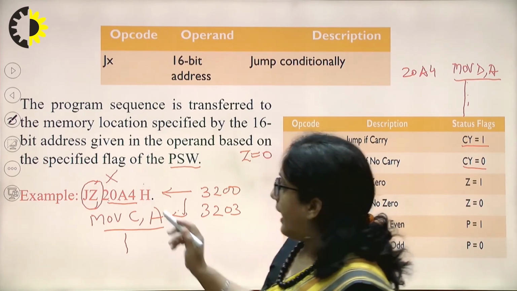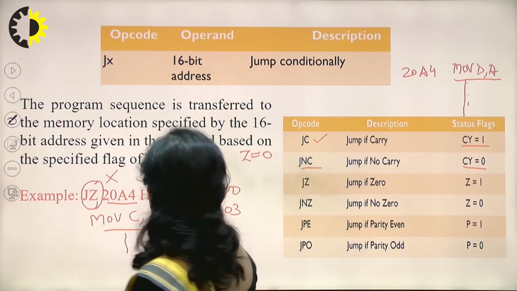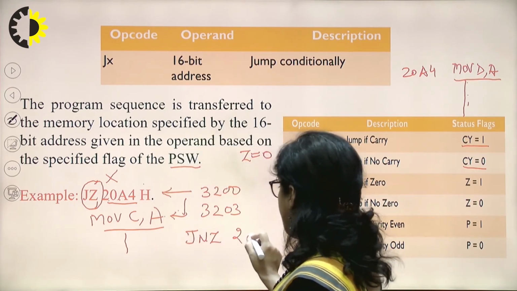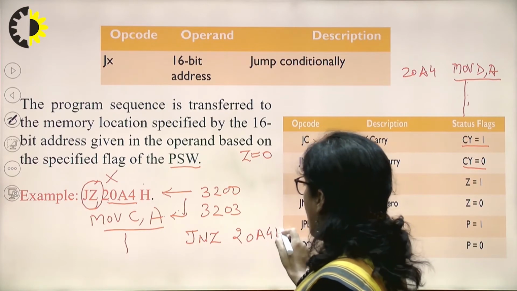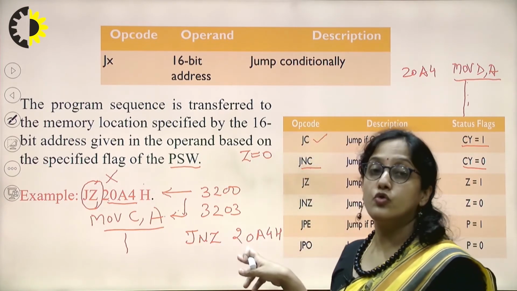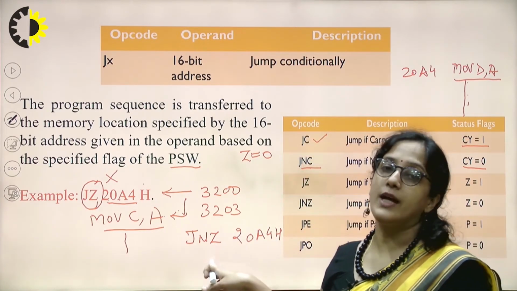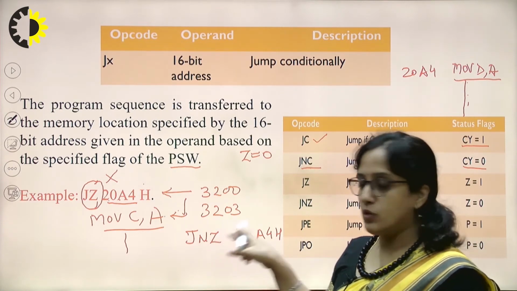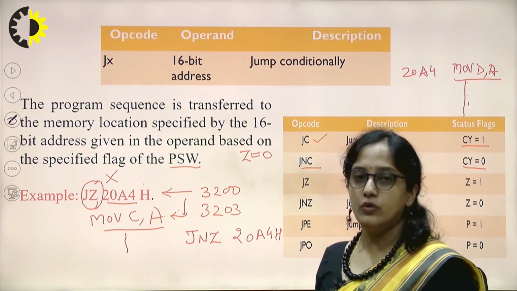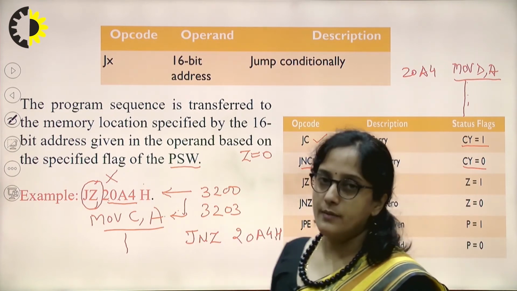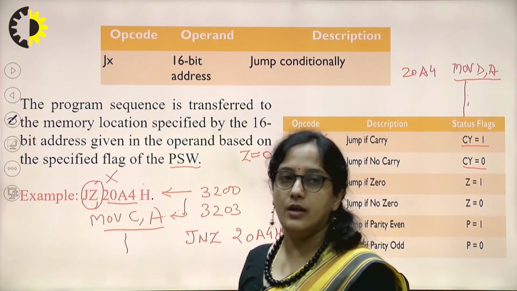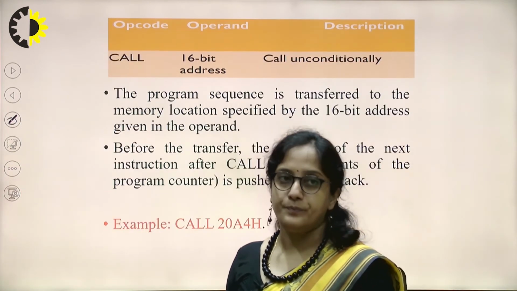In place of JZ, if I have written JNZ, then the condition is reversed. The microprocessor will jump to the 20A4 location when the zero flag is 0, Z equals 0, and it will not jump when Z equals 1. So, it depends on the programmer which condition has to be used for transferring the control.